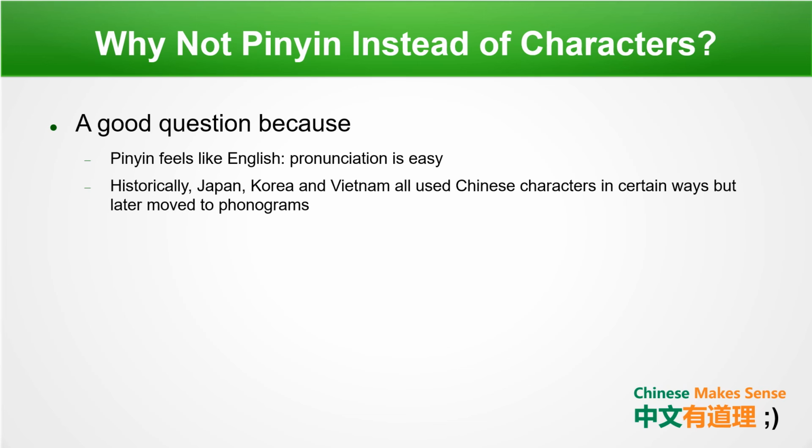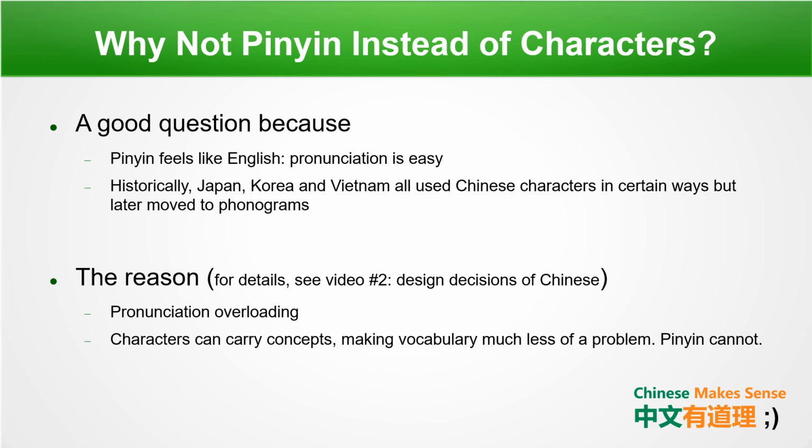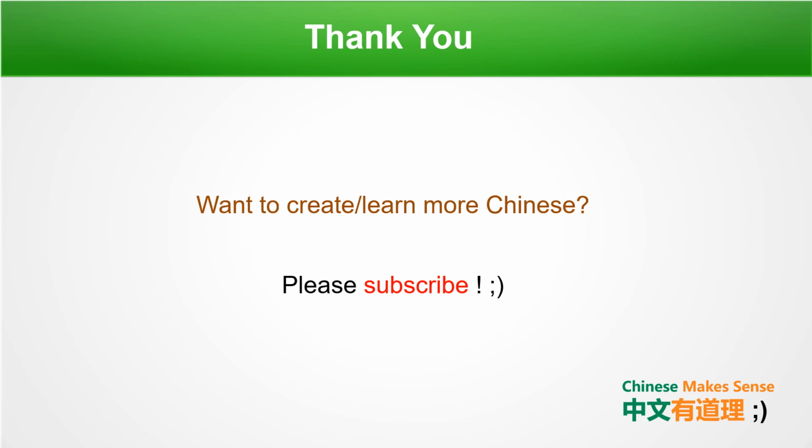And if you forgot what that means, it means they carry reliable pronunciation info, but not meanings. This is the reason. For details, see video number 2, Design Decisions of Chinese. Pronunciation overloading is a main issue, and characters can carry concepts, making vocabulary much less of a problem, while Pinyin cannot carry concepts.